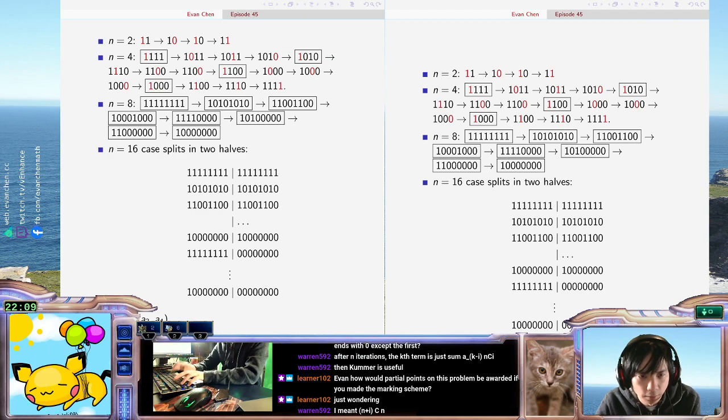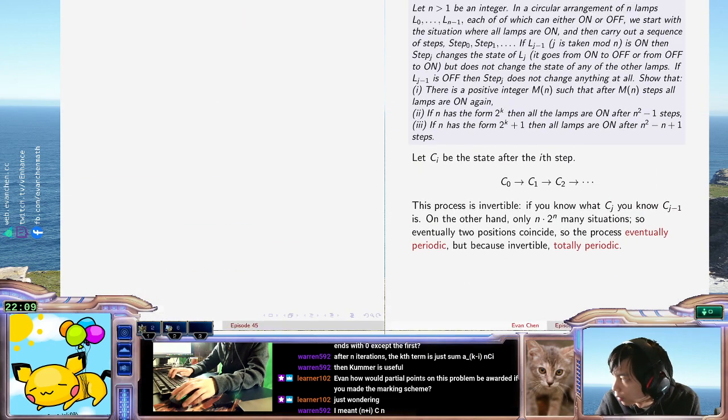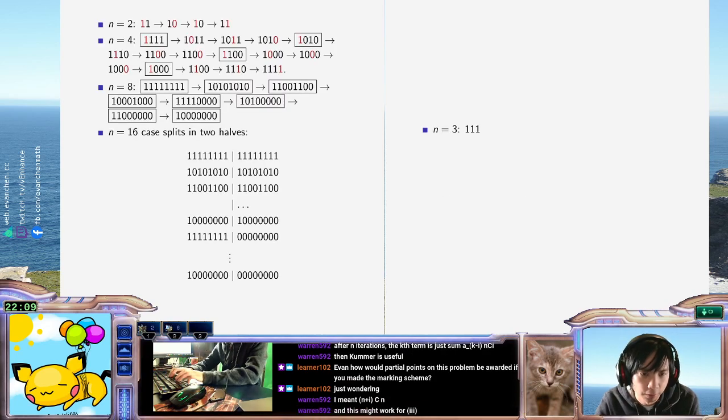So yeah, what's our target? N squared minus n plus 1. So we'll see what it looks like. First I'm going to write it out fully once because it's only 7 steps.